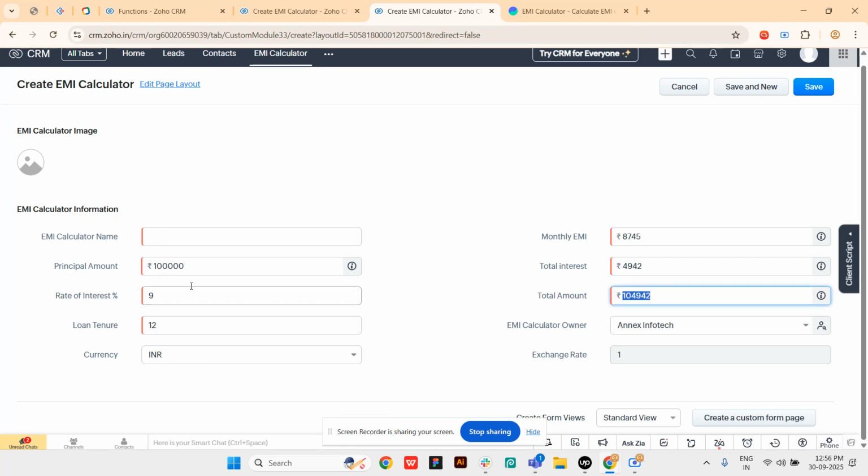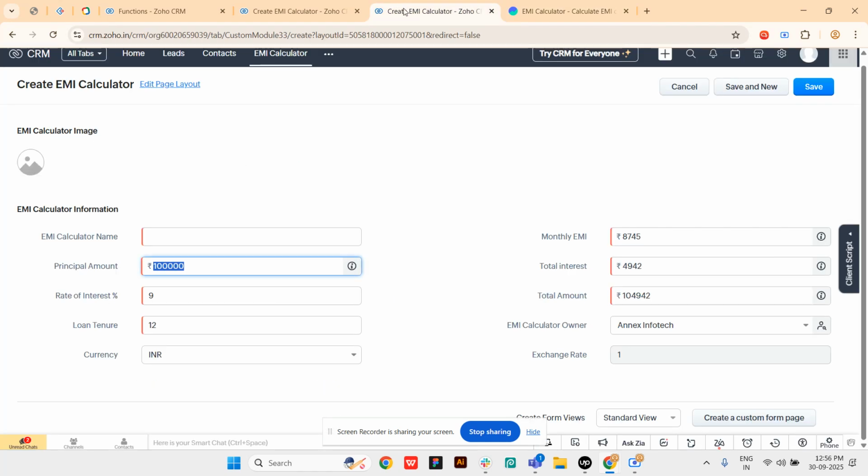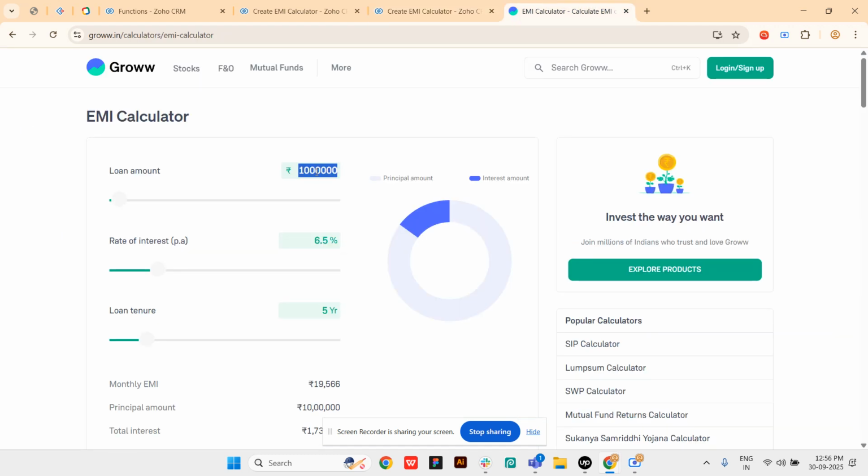So if I suppose write the same amount here, and our rate of interest is 9%, and then here let's suppose the tenure is 1 year.